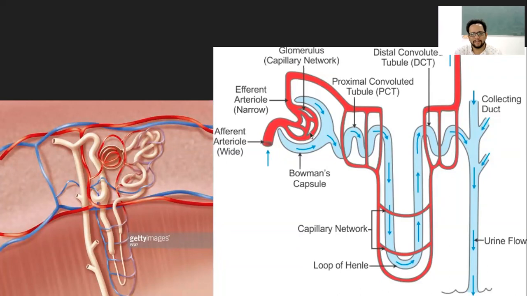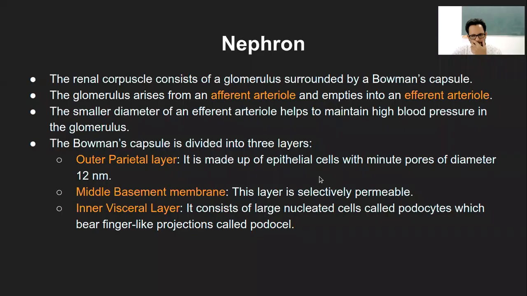Not the blood as such, but the plasma from the blood is squeezed out, and that is received by the C-shaped body called Bowman's capsule, and then it goes out. So this first filtrate, or first squeezed-out plasma from the glomerulus, is called glomerular filtrate.